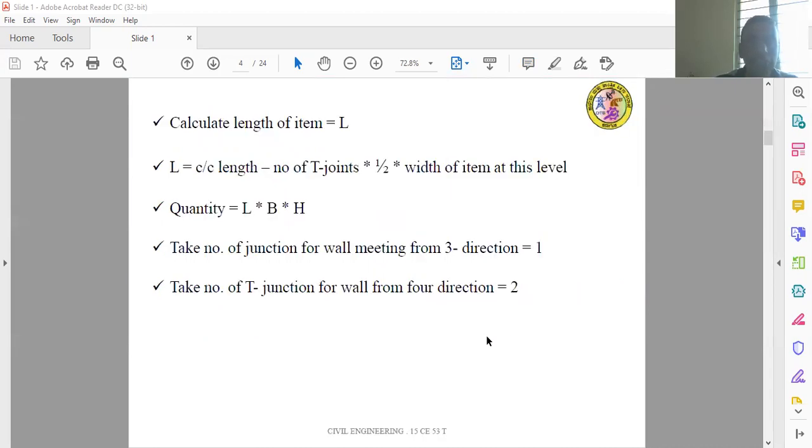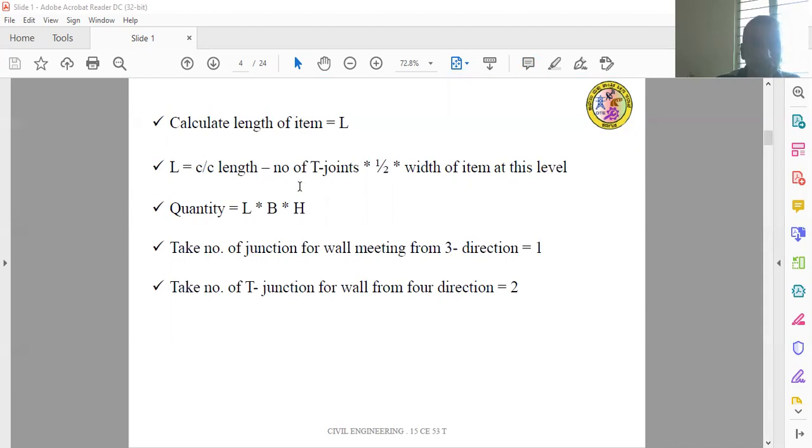After getting the center to center length of the main wall and partition wall and the number of joints for each, you have to calculate the original length of the particular item. Original length is equal to center length minus number of joints into half of the width of the item at this level. This is a very important formula for finding the true length of the particular item of work. The center to center length is calculated separately for the main wall and the partition wall.